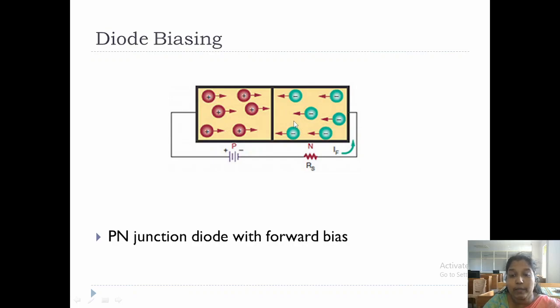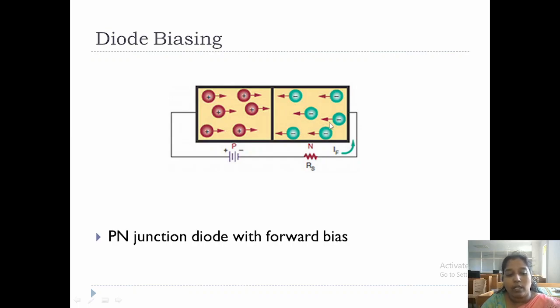They will get attracted towards the positive terminal of the battery. Once they come into the p side region, just by passing through the holes in the p-type region, they can reach the positive terminal of the battery.